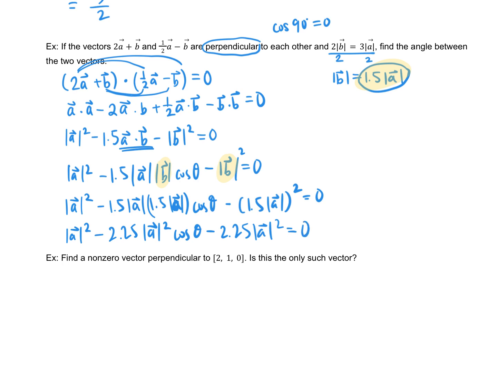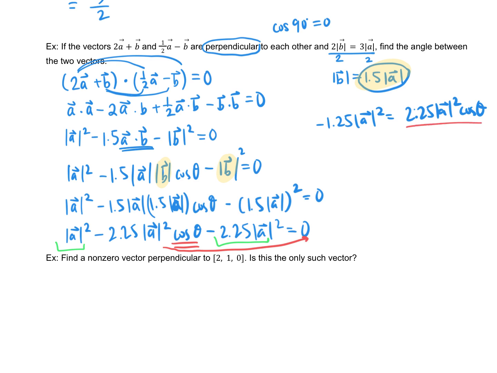Now, I do need to isolate for this cos theta. So what I'm going to do, I'm going to bring this term over to the other side while I collect these like terms. So 1 minus 2.25. And then I'll bring the negative 2.25 magnitude of A squared cos theta to the other side, turning it positive.